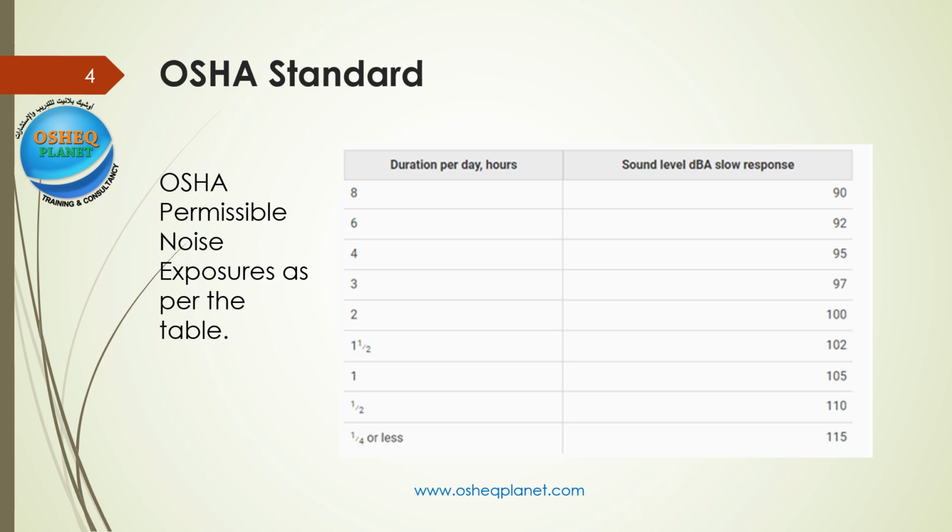If the sound level is 115, the maximum allowed time for the employee should not exceed 15 minutes. As is clear from the attached table, OSHA has set a standard noise limit, which is to reduce the exposure time in half whenever the noise increases by 5 decibel after the permissible limit of 90 decibel.